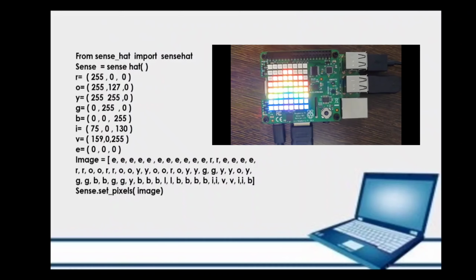Where we use E, there won't be any color. Where we use R, we get the red color, and where we use O, we get orange color, like that. Finally, in the output it shows as I am showing in the video. This is the output.